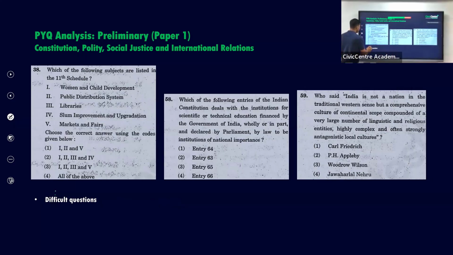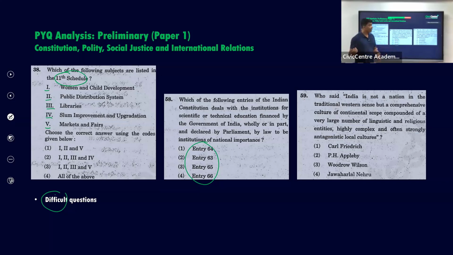These, I would say, are difficult questions. Like I said, the 5 points and which of the following were in the 11th Schedule. We should know the subjects given within the schedule; I would say it is a difficult one. We know there are 3 lists: union list, state list, concurrent list. Within that there are several entries, and we should know the entry also.